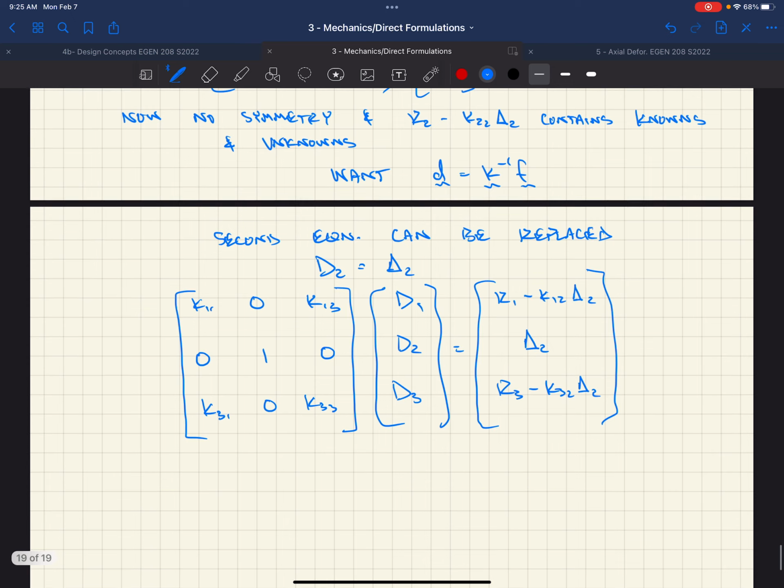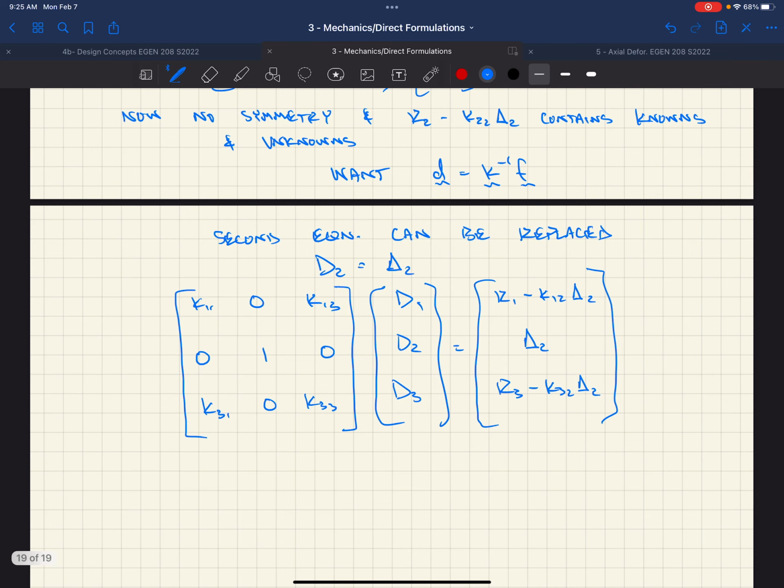Well, now we have a matrix that can be inverted to calculate our displacements. This is if we knew the displacement at 2 was delta 2. If our displacement was 0, right, all of those would go to 0. And it would be very simple, right?